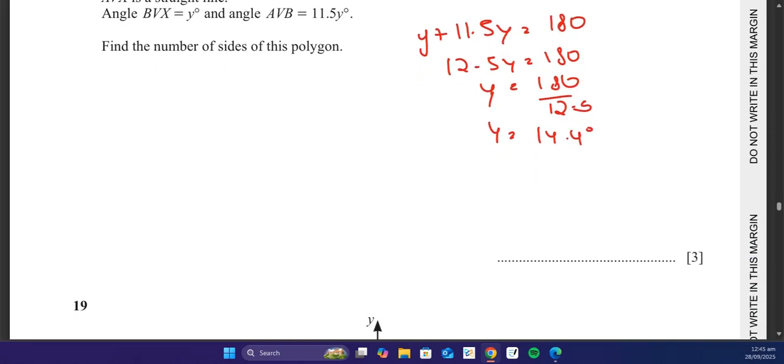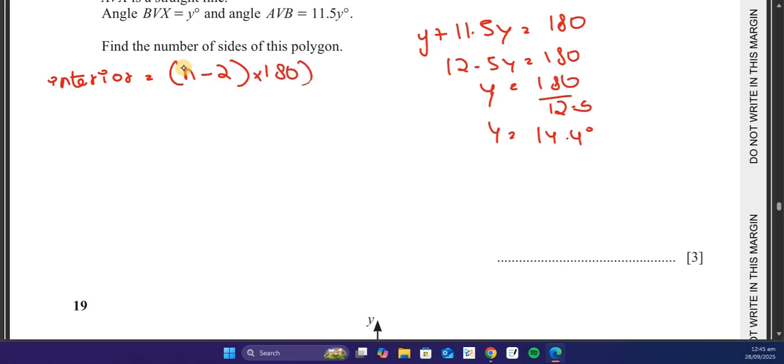Now let's find the number of sides. The interior angle is (n minus 2) into 180 over n, is equal to the angle, which is 165.6.